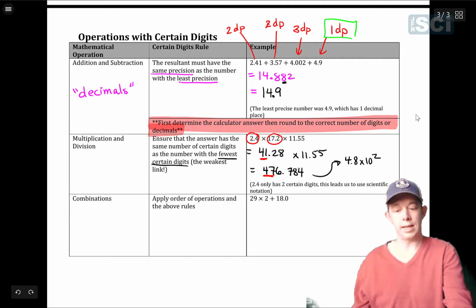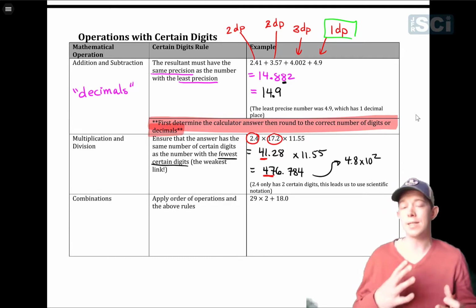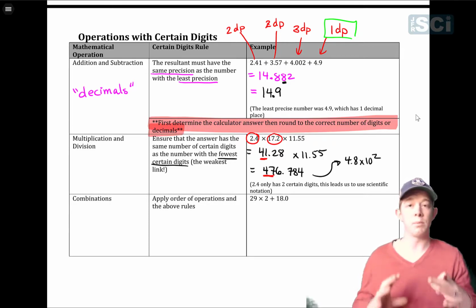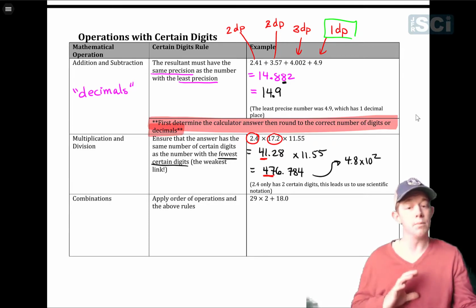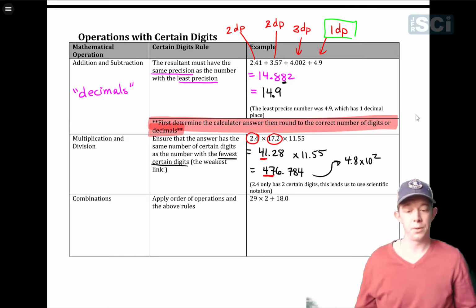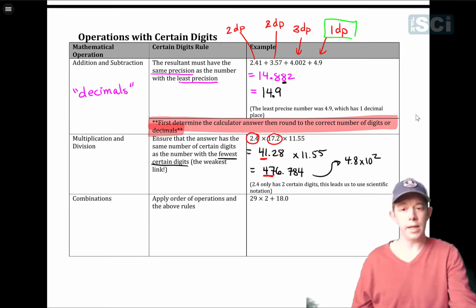And that's because I can't report 476 in 2 significant figures. So I'm going to report it as 4.8, in the fact that I have to round upwards, times 10 to the 2 to give me that level of accuracy and precision. Okay? So here it comes down to sig figs.